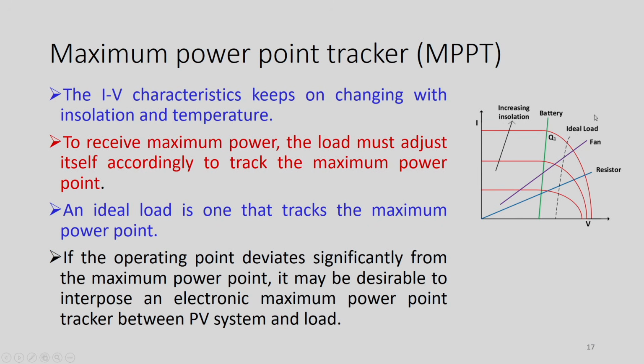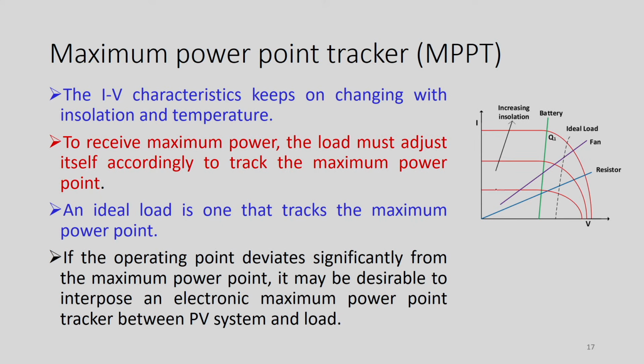Now let us study the maximum power point tracker, which is very important to control the maximum power electrically. As you can understand, this IV characteristic will change with weather condition.